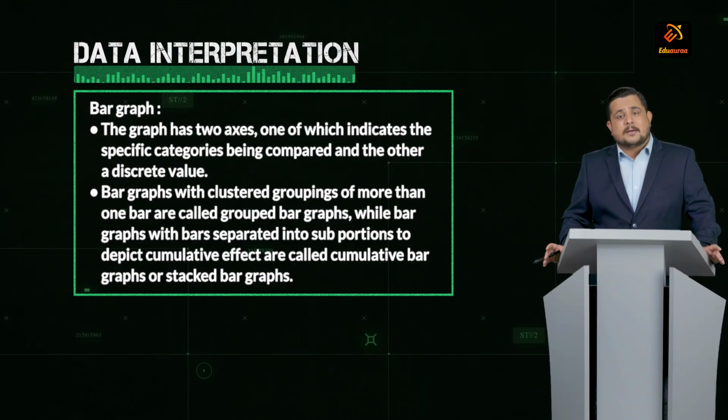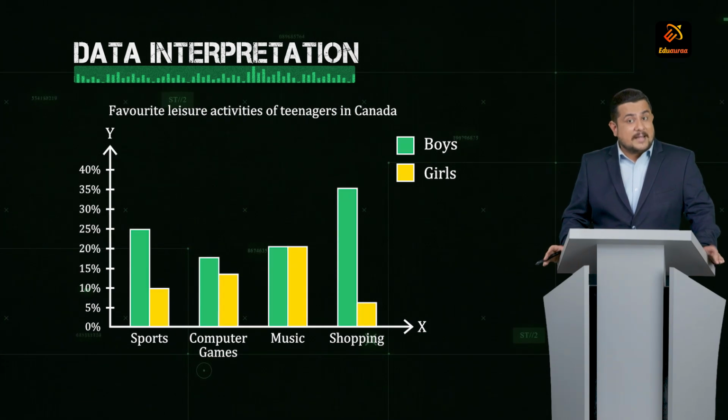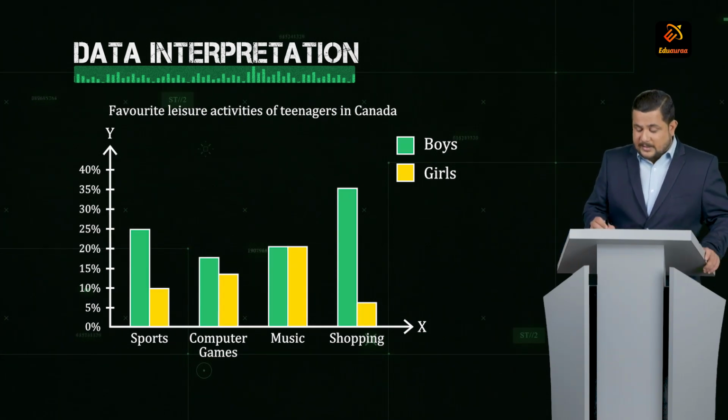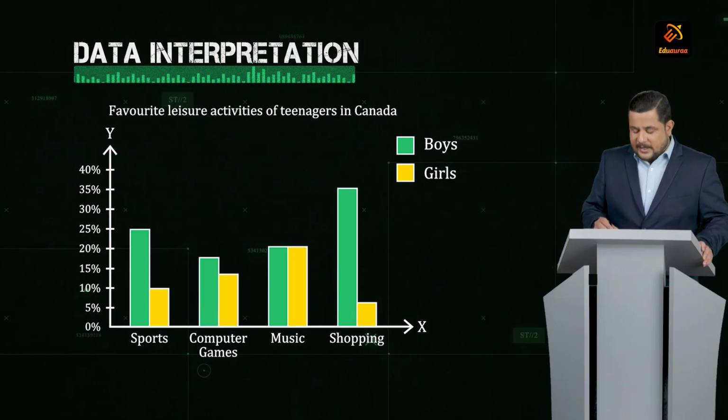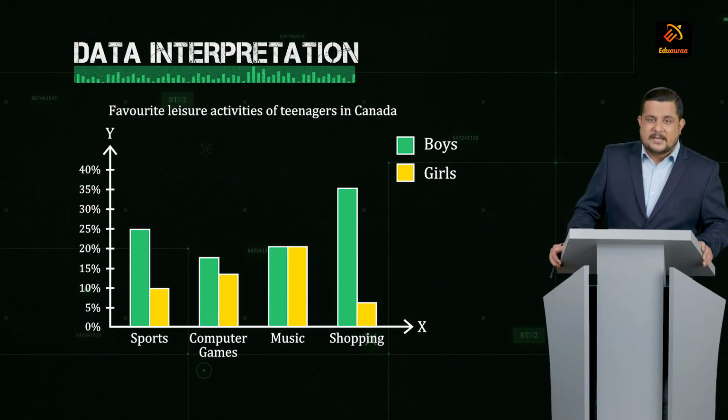Bar graphs with clustered groupings of more than one bar are called grouped bar graphs. As I told you, where two bar graphs are connected to each other, or three bar graphs, those are grouped bar graphs, given with the categories so that we can easily compare.